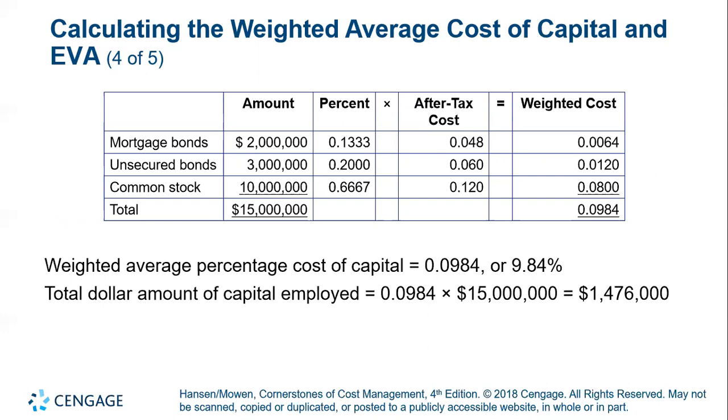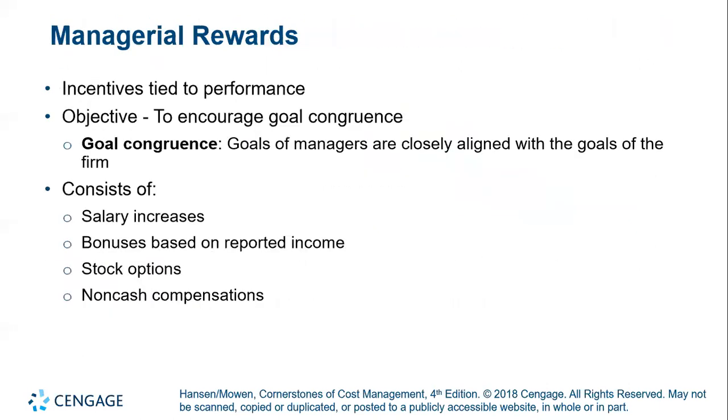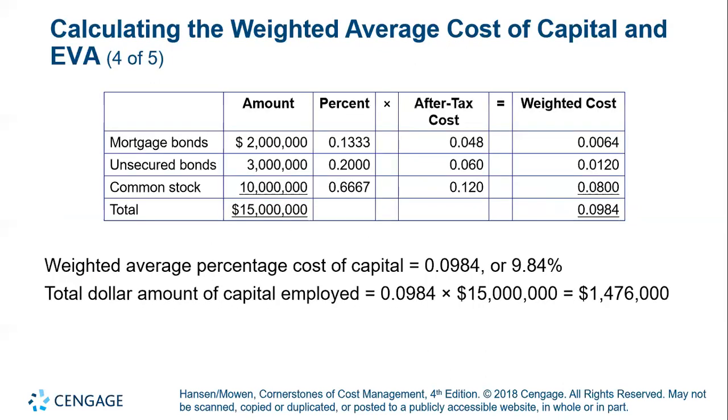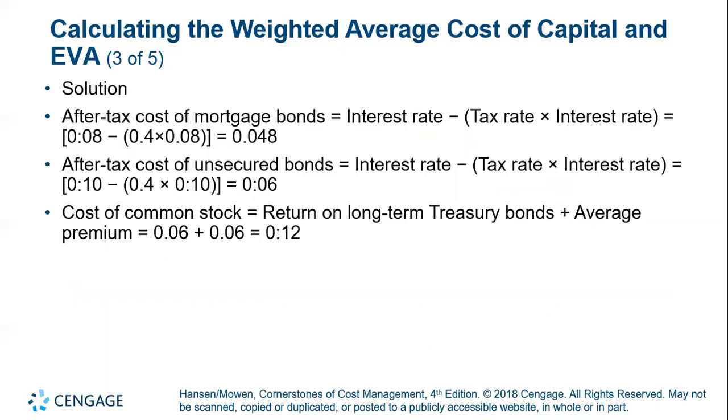We have the amount of capital, then the percent, 4 percent of interest, then the after-tax cost of the debt. So we have the weighted cost. Now, the after-tax cost of debt, as we have already computed, is given to be 0.048.